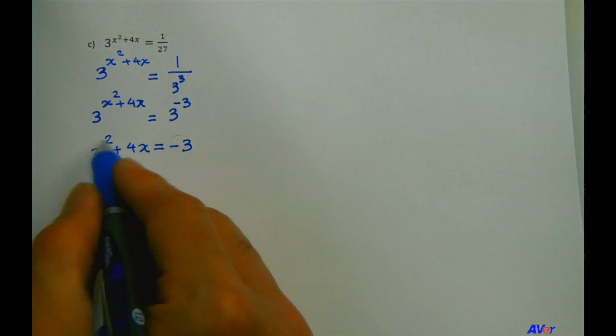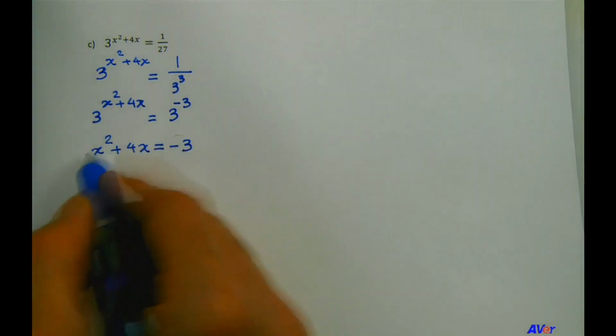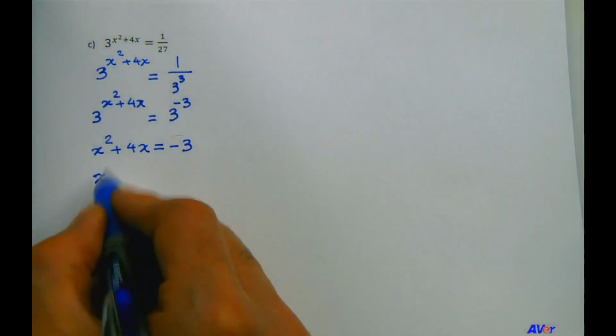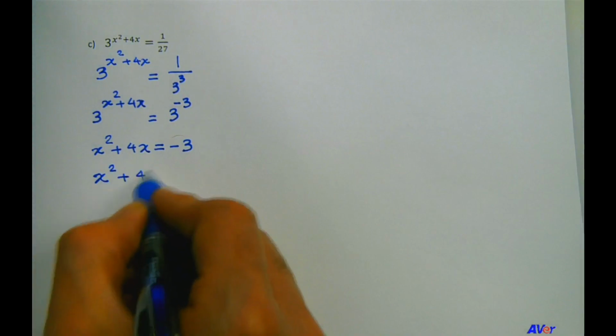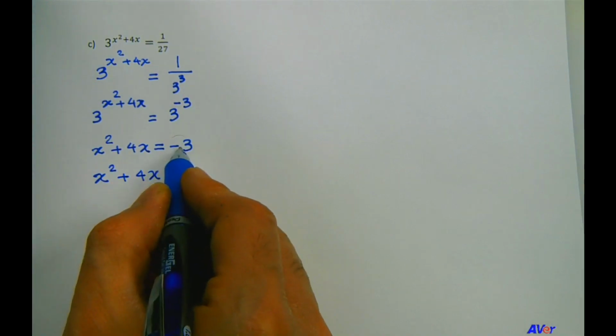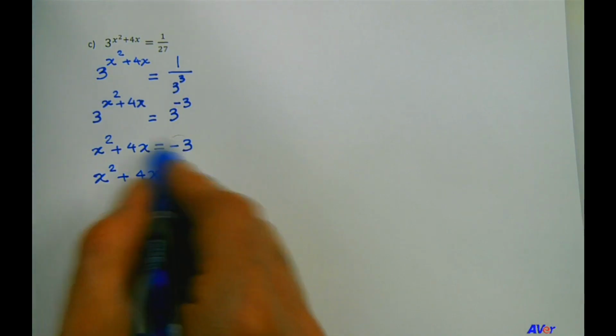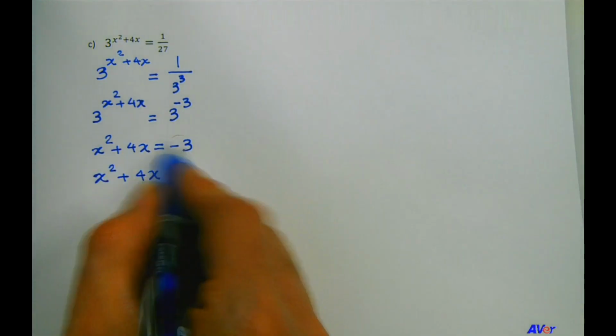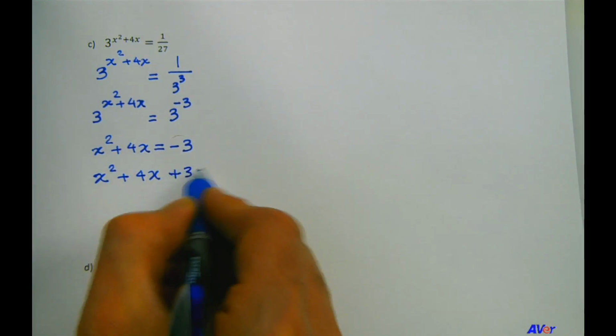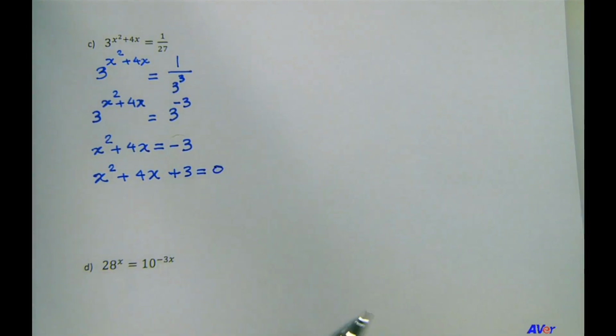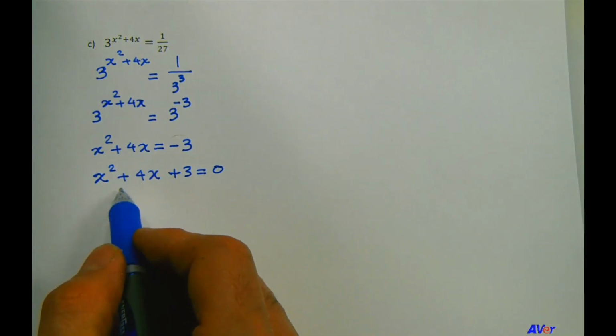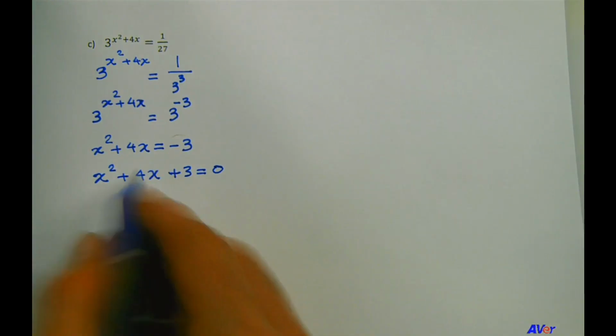Now this is a quadratic equation. Let's move everything to one side and set it equal to 0 and solve for x. Minus 3 is on the right. When I move it to the left, it becomes positive 3. And the other side ends up with 0. Right? This is a quadratic equation and an easy one to factor, right?